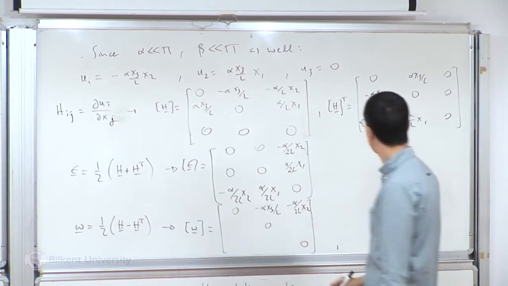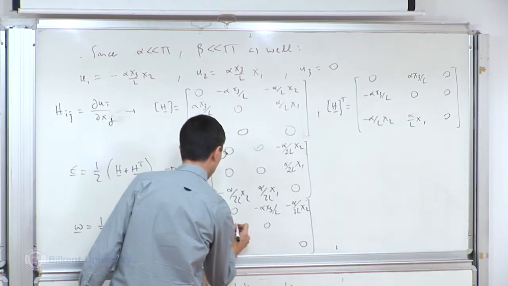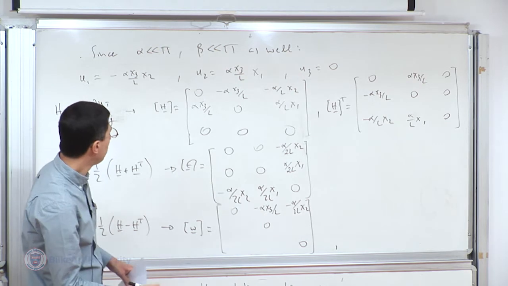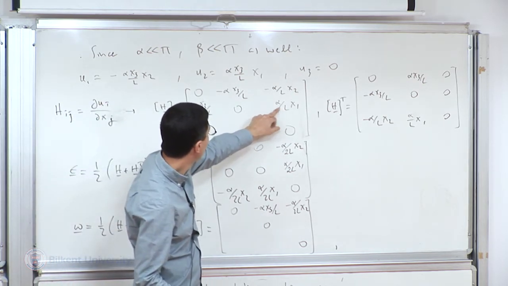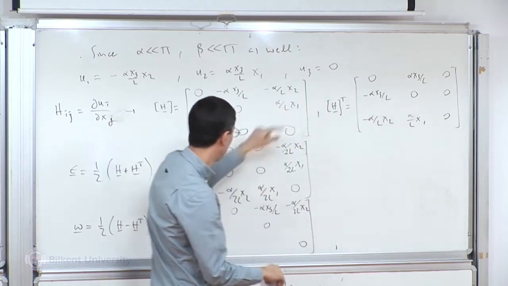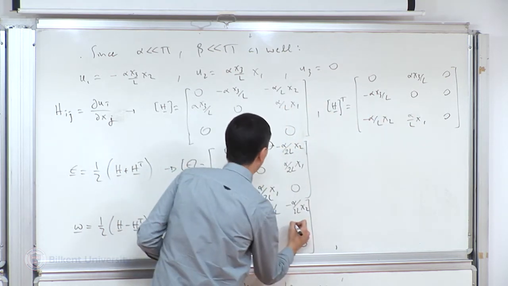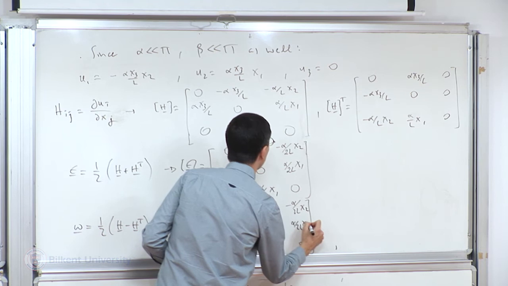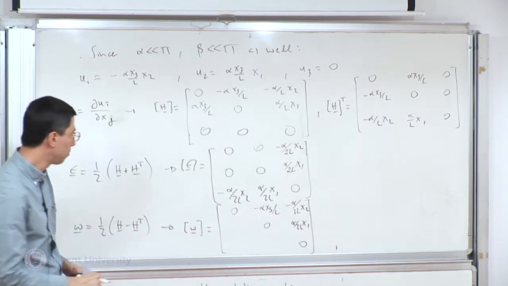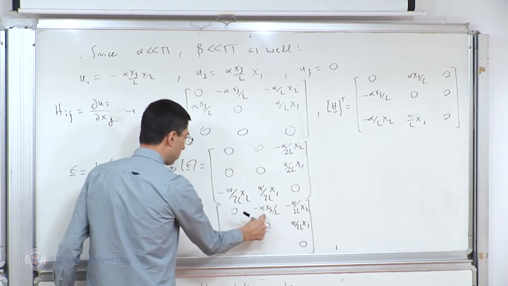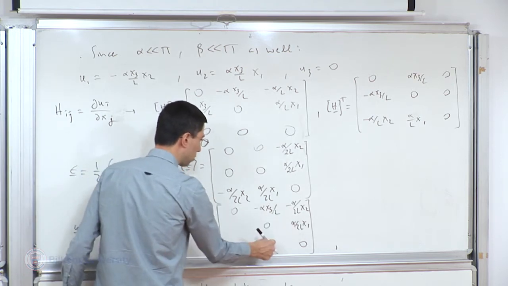And so let me proceed and finish it up. Actually, I can go ahead and calculate this entry as well. So that minus that over 2, so this one divided by 2, alpha over 2L x1. And now I know that it has to be skew symmetric. In other words, this entry is minus that entry, this entry is minus that.